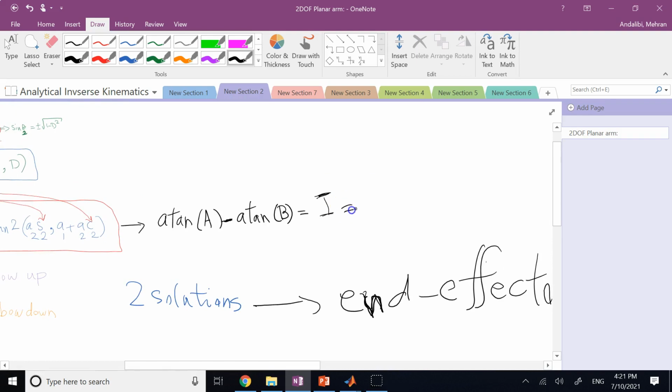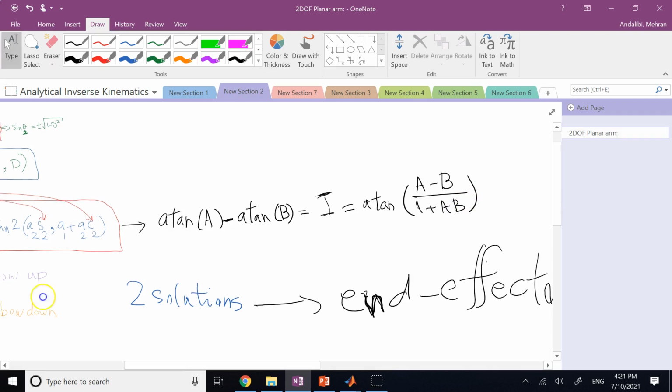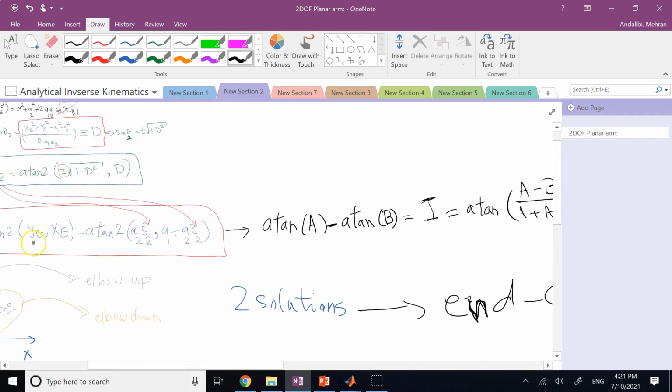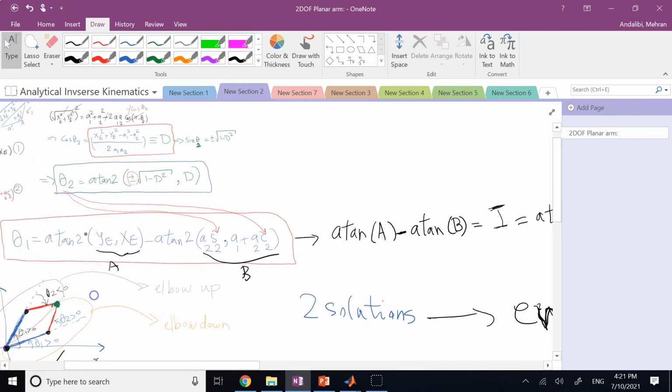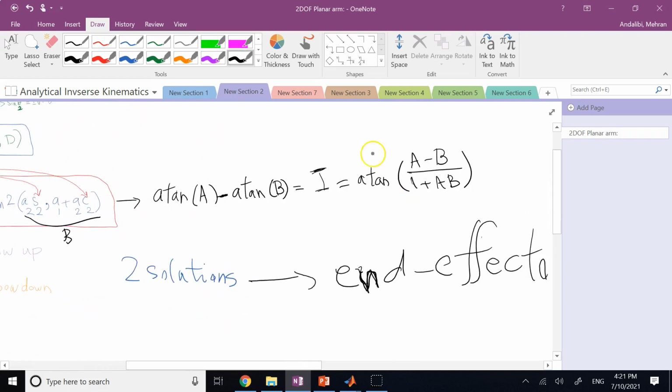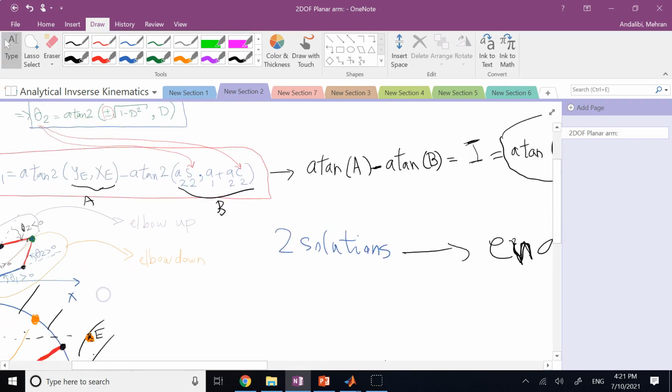Therefore, you see the result of this is going to be arctangent of A minus B divided by 1 plus AB. Okay, so if you call this guy A, and you call this guy B, and arctangent A minus arctangent B, instead of that, you replace it with this one, arctangent of A minus B over 1 plus AB.